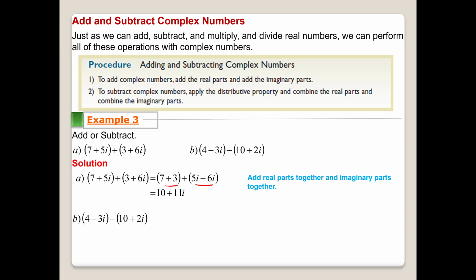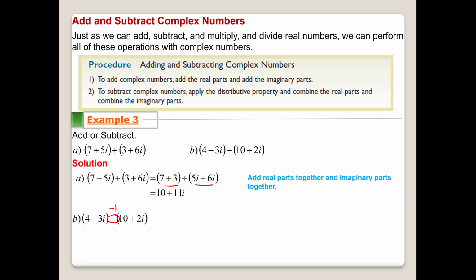On B, we got 4 minus 3i minus (10 plus 2i). Now, the big thing that we're going to work on here is this minus sign. And that's like saying there's a negative 1 in front of the binomial there. Alright?